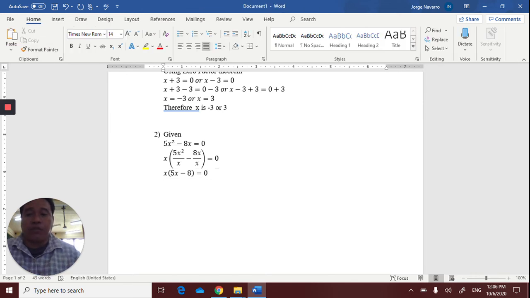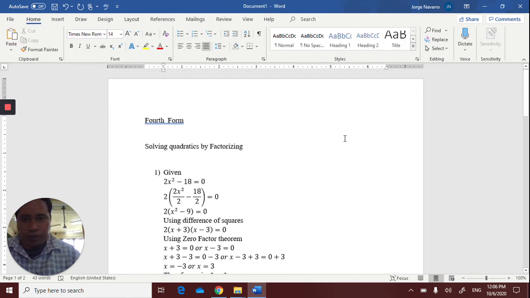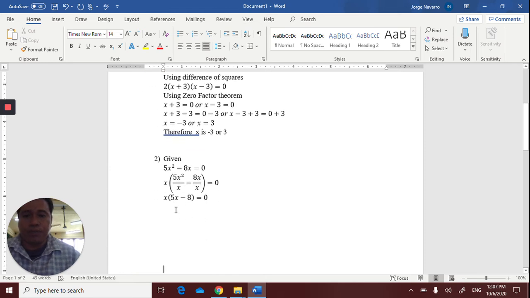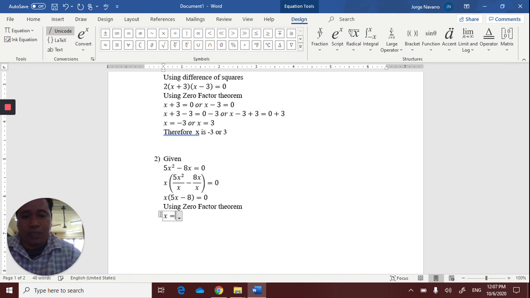Again, now I need to find the values of x. I'm going to copy this, because to solve for x, you'll always have to use the zero factor theorem. So that will give me that either x is equal to 0 or 5x minus 8 is equal to 0.